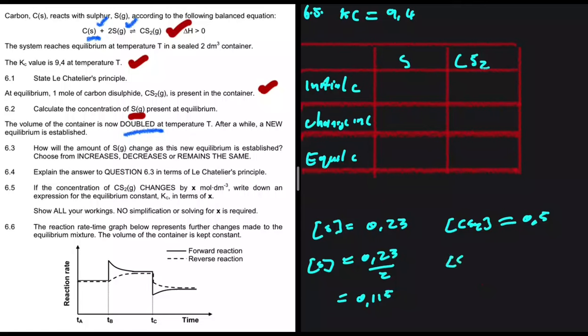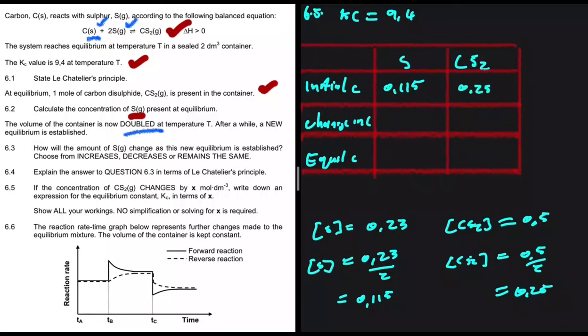On the other hand, the concentration of CS2, 0.5 divided by 2, will give us 0.25. This is because the volume is being doubled, so the concentration is being halved. So the initial concentration of sulfur, we have 0.115, while the initial concentration of CS2, we have 0.25.